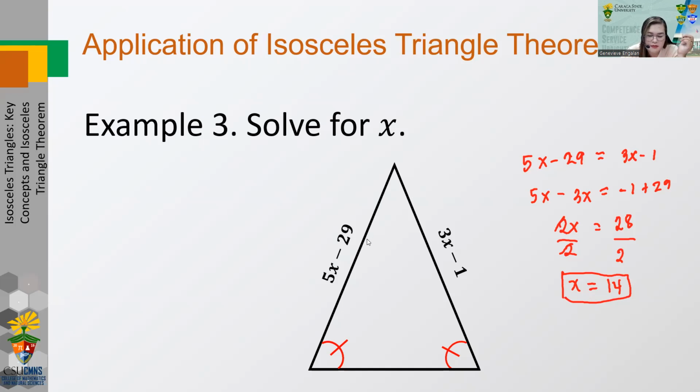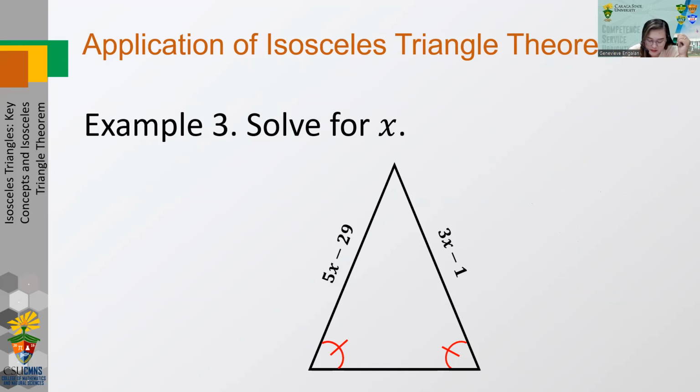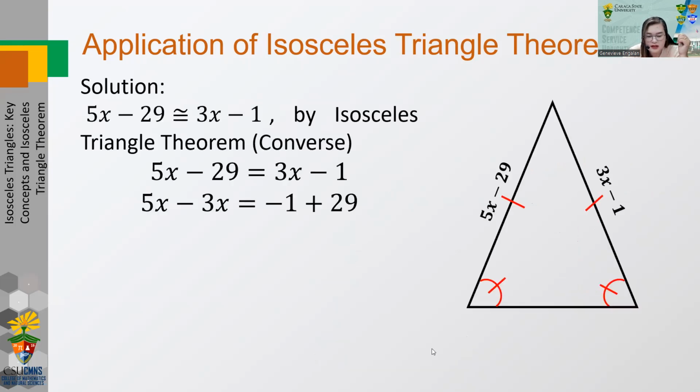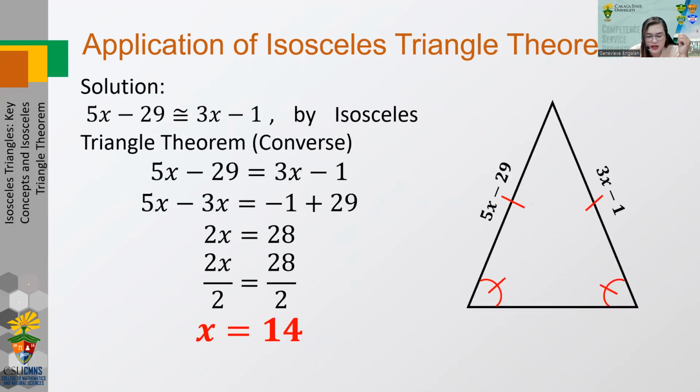So pasabot, this one, ang each side measures pila man? 14 times 5 minus 29 or 14 times 3. That's 42 minus 1. 42 ba? 42 minus 1. So 41 ang each side, no? Okay. So, sakto.